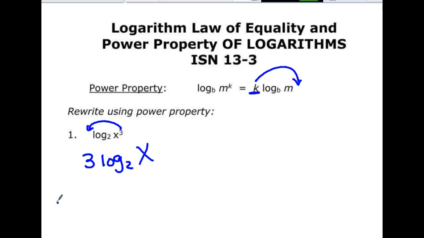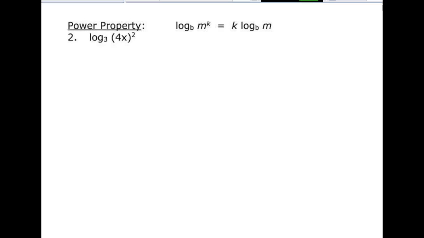Did you get that one written down? See how it has an exponent of 2 here? This exponent of 2 can come out in front if I needed it to in order to solve a problem.